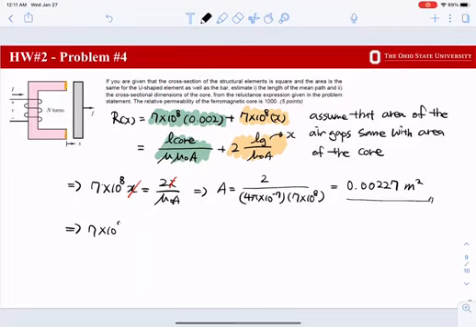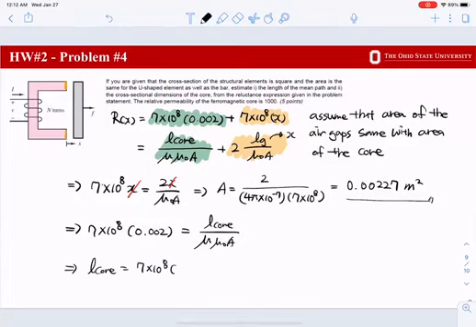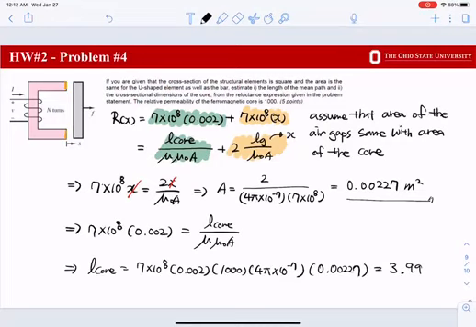Also we have 7 times 10 to the 8 times 0.002 equal to the core length over mu 0 A. So the core length is equal to 7 times 10 to the 8 times 0.002, times mu, which is 1000, times mu 0, which is 4 pi times 10 to the minus 7, times A, which we know here, 0.00227. That is equal to 3.99 meter.